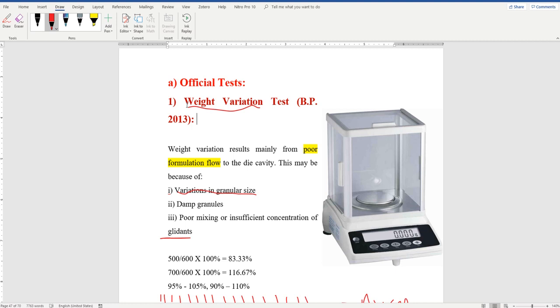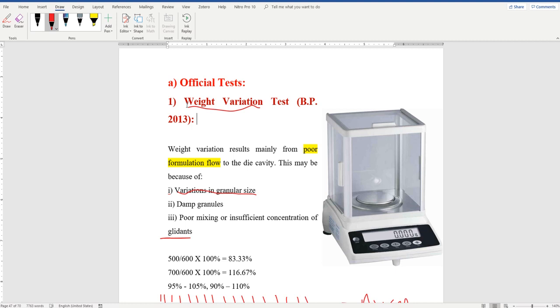But in uniformity of content test, which is the previous test, only a very small proportion of the tablet content is drug, and therefore variability is possible in the content without weight variation. I mean, maybe there is no weight variation, but there is variation in the content of the tablets.